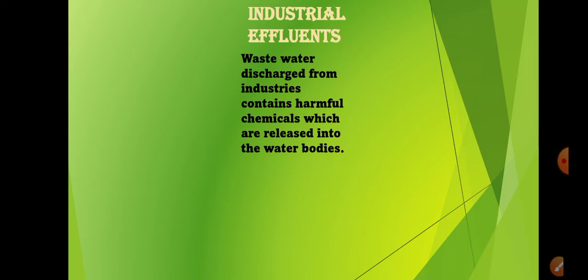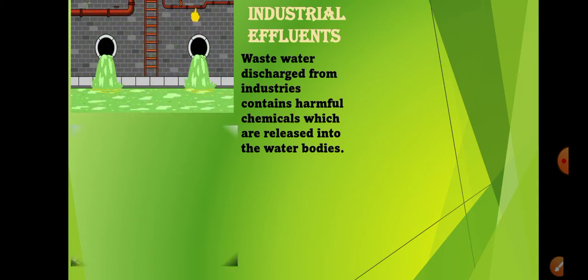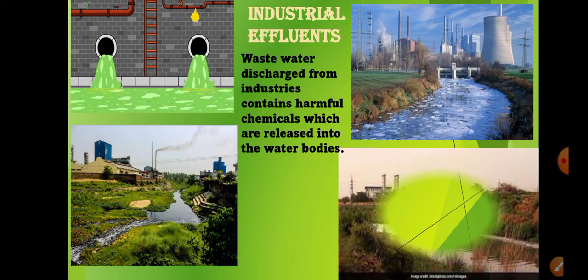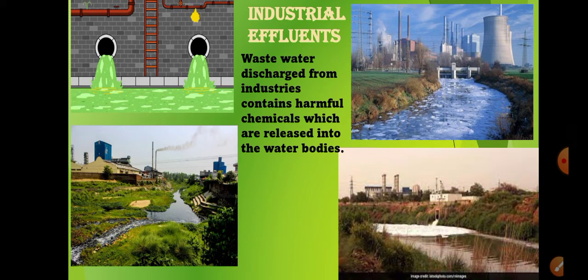So wastewater that is discharged from the industries has harmful chemicals which are released into the water bodies. You can see from the picture also how industrial effluents affect your water bodies. Any wastewater that is coming out from the industries and which contains harmful chemicals is released into the environment or into the water body.